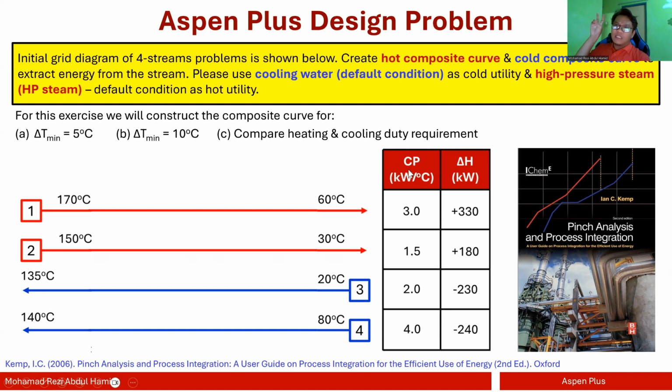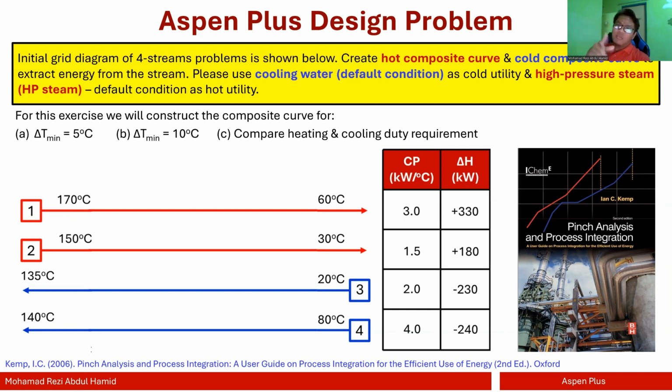This is the big CP, which means m multiplied by Cp, mass multiplied by specific heat capacity. It is the heat capacity flow rate. And delta H here is basically the amount of heat that needs to be removed or added.